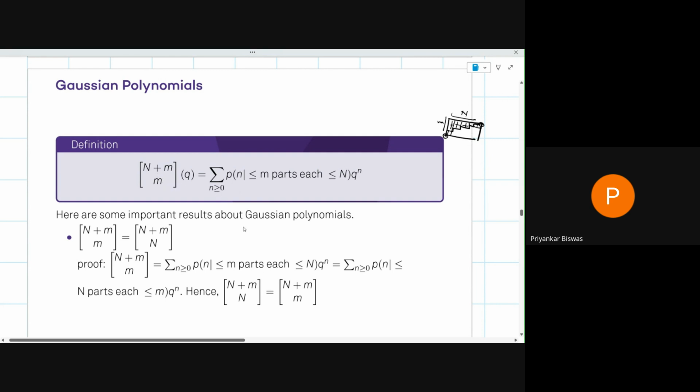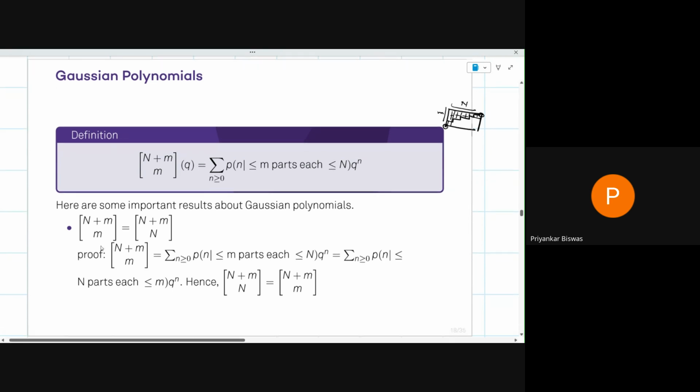Now, a Gaussian polynomial has some similar properties to binomial coefficients. Here, n plus m choose m is n plus m choose n. This is because you can write partitions of n with less than or equal to m parts, each less than or equal to capital N, as equal to partitions with less than or equal to capital N parts, each less than or equal to small m.